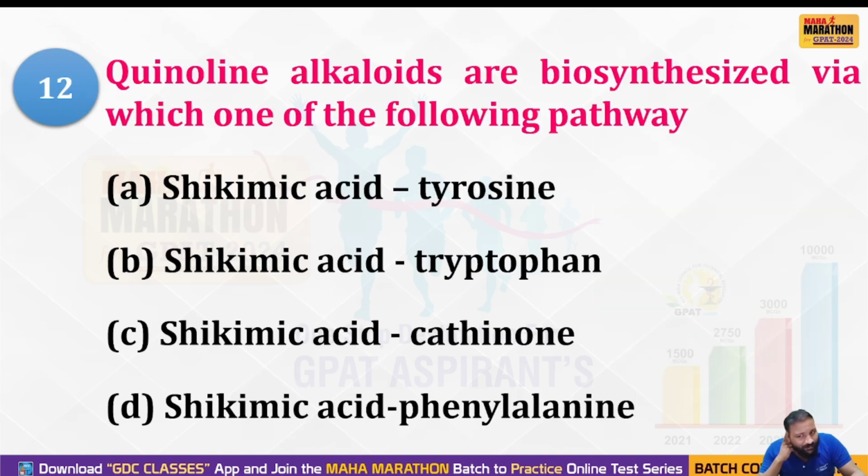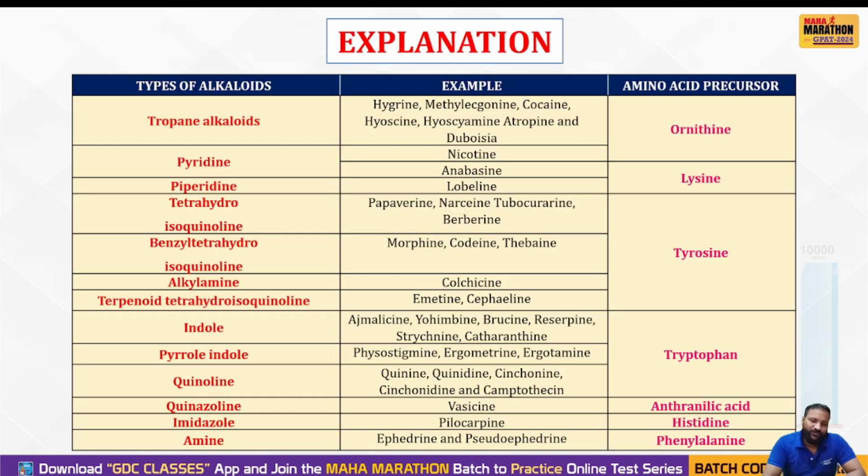Quinoline alkaloids are biosynthesized by which one of the following pathways? Shikimic acid with tyrosine as an end product, shikimic acid tryptophan, shikimic acid phenylalanine, and shikimic acid cathinone. Which is the right option? We'll see. Yes, shikimic acid tryptophan.